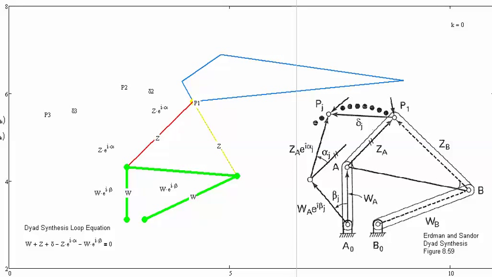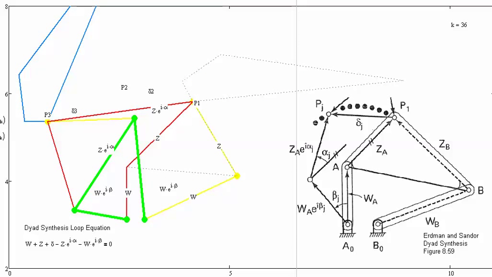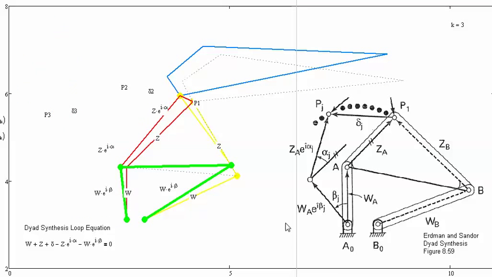So if I go to a slight change, I would argue that this angle change right here must equal the red angle change, which must equal the yellow angle change, which must equal the green angle change. That all of those angle changes are equal.